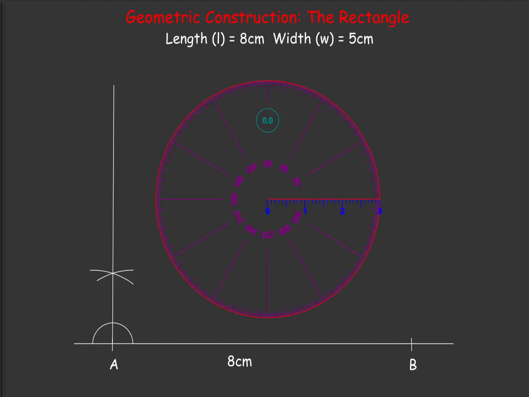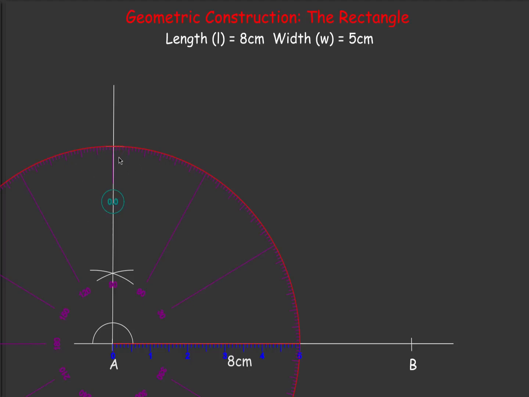So I'll take my compass once again, and then with a pin at A, I'll open it just 5 centimeters. You can do this on your ruler, but as you can see, my compass has the calibrations on it. So I'll just open it to 5 centimeters and draw an arc over here. You see?